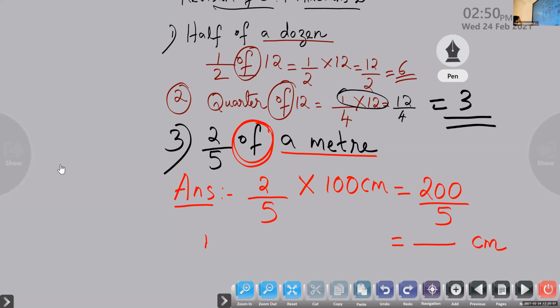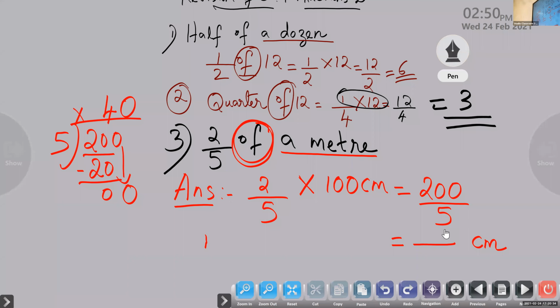Long division, 200 divided by 5. 20 divided by 5 is 4, since 5 fours are 20. Subtract, then bring down that 0. So the answer is 40 centimeters.